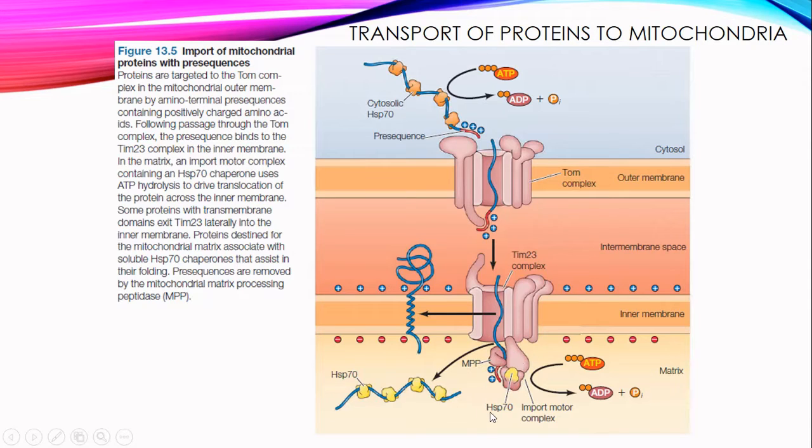So another protein will meet the pre-sequence protein and attach again the HSP70 para i-coil niya into a globular protein. Then it uses an energy. So everything will use an energy. So MPP is another protein complex that will import HSP70 attached to the pre-sequence protein.